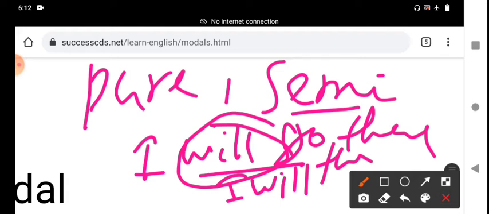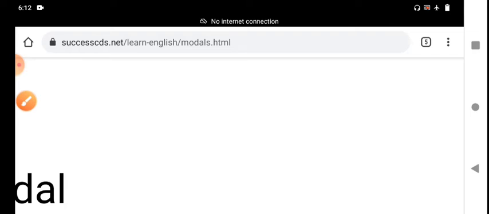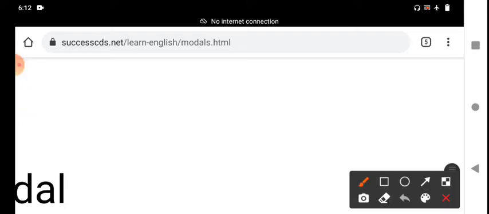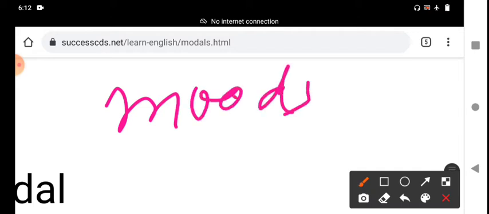They are used to express certainty, possibility, willingness, obligation, necessity, ability. They express different moods, distinct moods.